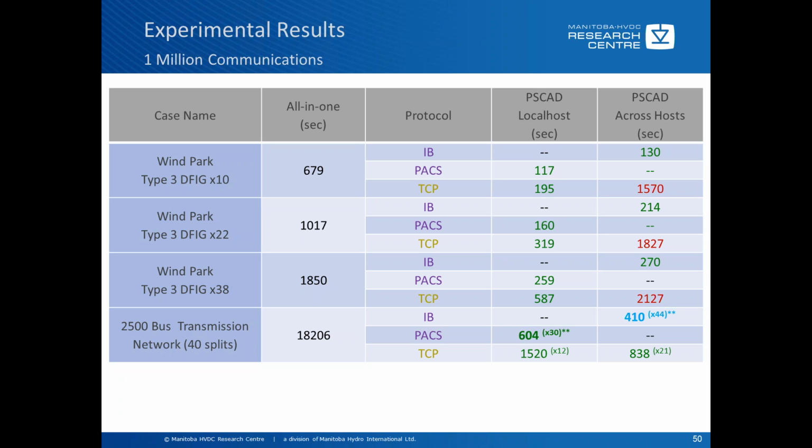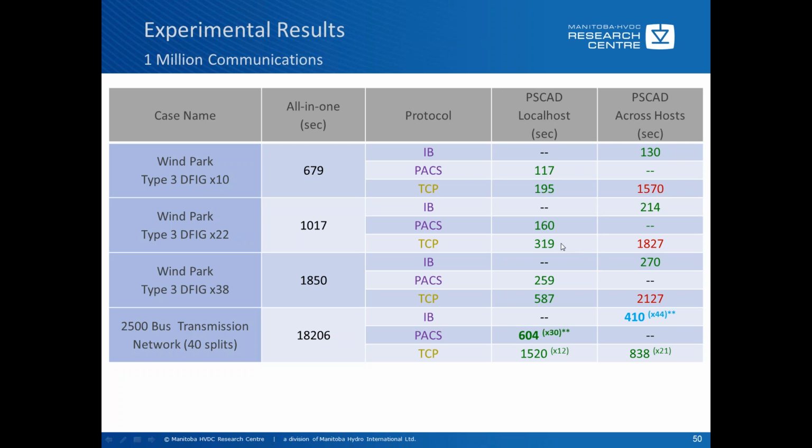If we go to a larger number of machines, say we go to 22 machines, now we're at a scale where it's getting harder to even fit on a single computer. We have over 1,000 seconds to run in one process, but using the shared memory model or the InfiniBand, we're between 160 and 214 seconds, which is still much better than the TCP, and certainly much better than the TCP across nodes.